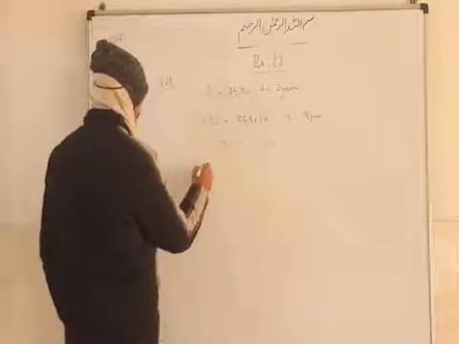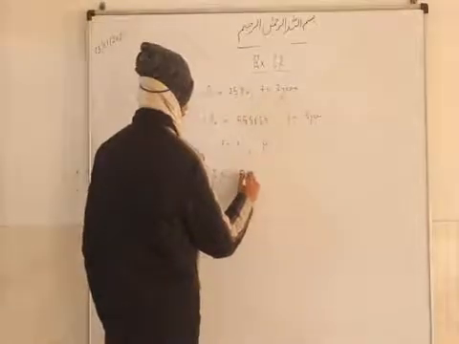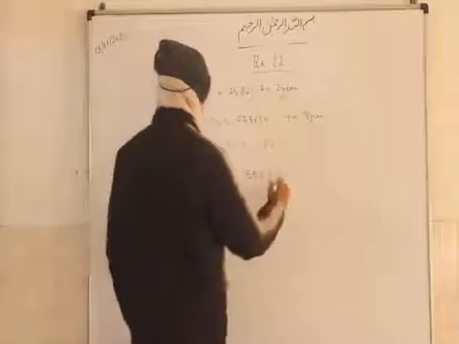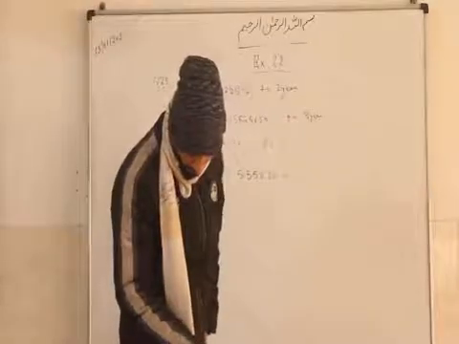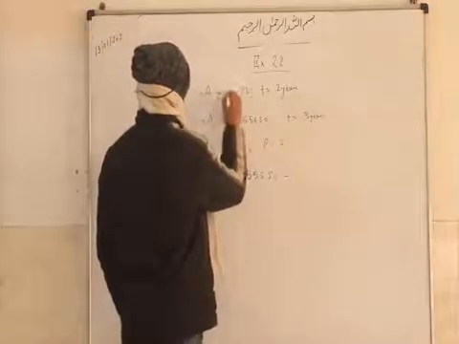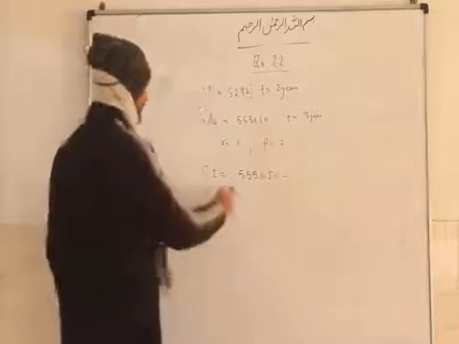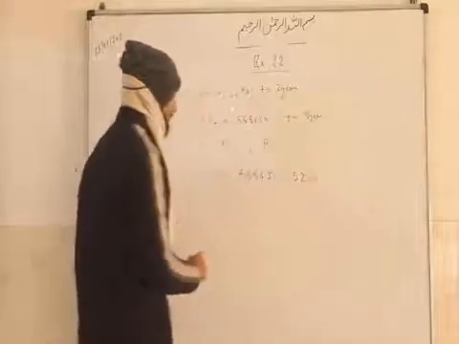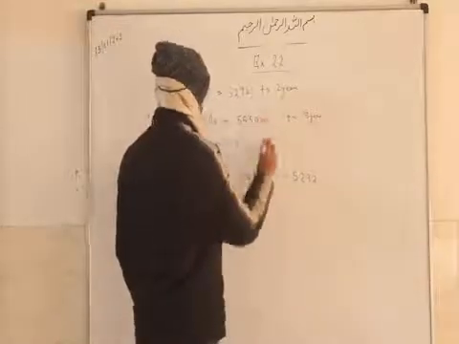So first we find the compound interest for the third year. It will be 5556.60 minus 5292.